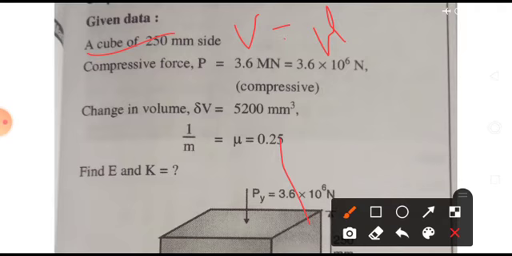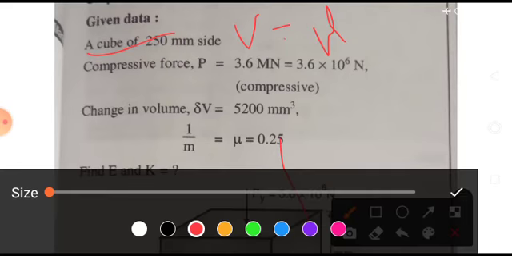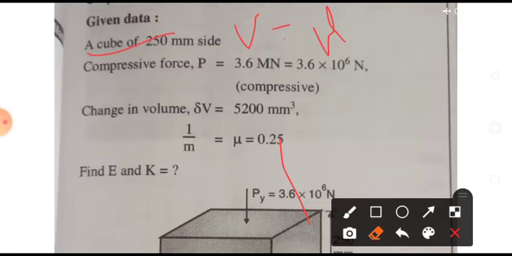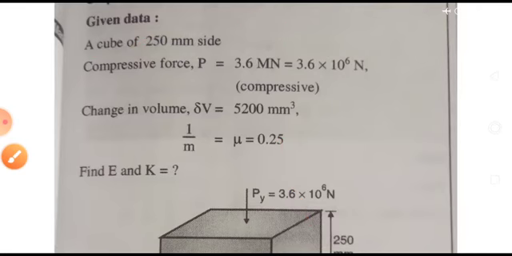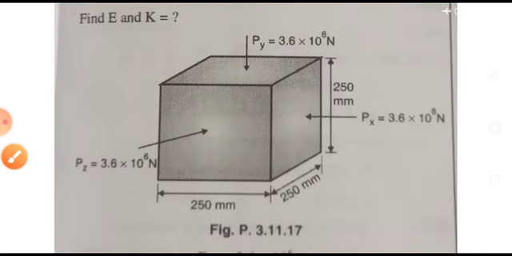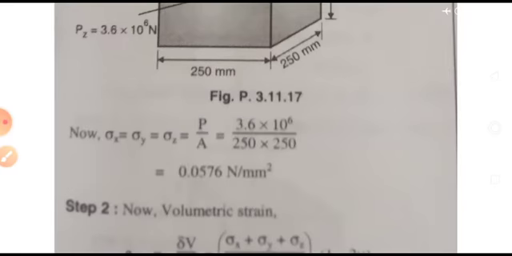Now the compressive force is the same in all directions, which is also given: 3.6 into 10 to the 6, meganewton converted into just Newton, and it is compressive. Keep this in mind. The change in volume delta V is given, and 1 upon m, that is Poisson's ratio mu, is also given, 0.25. So the given data is expressed on the figure.